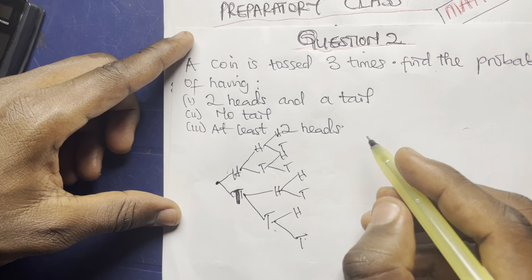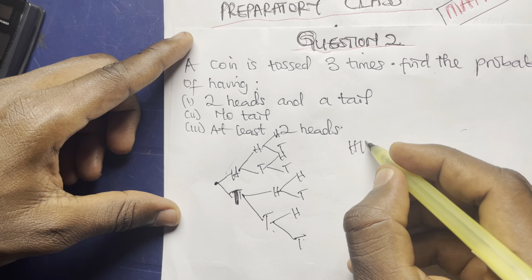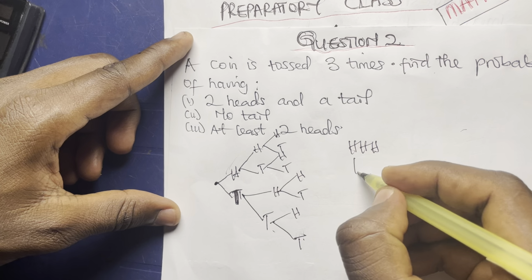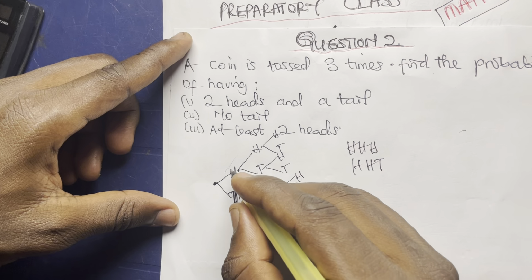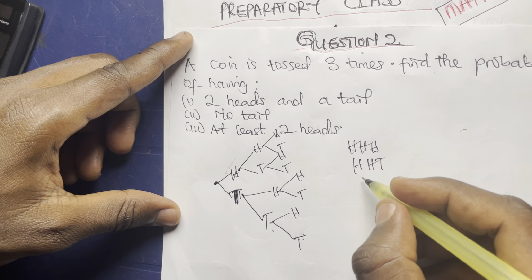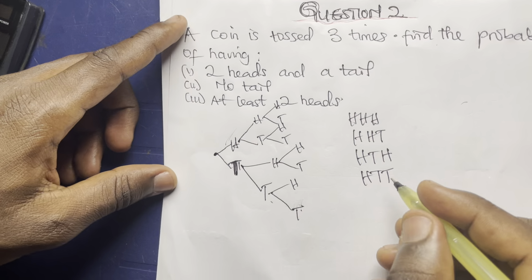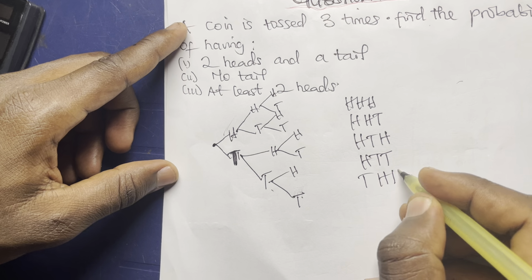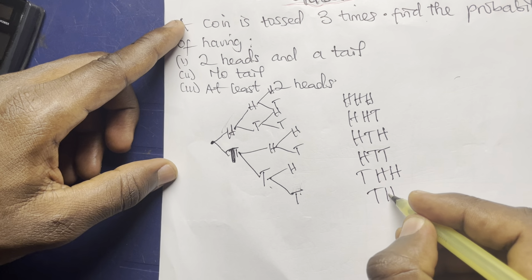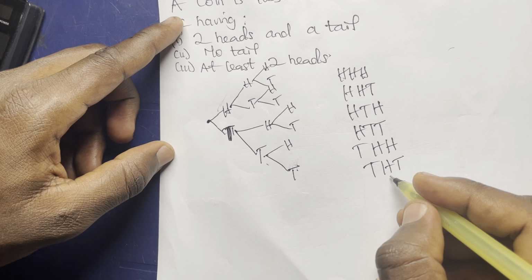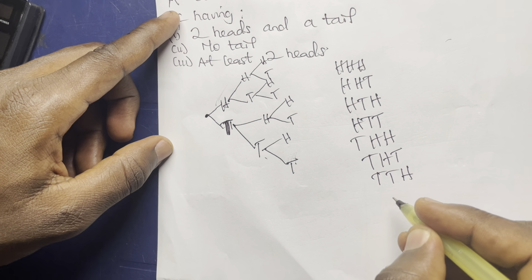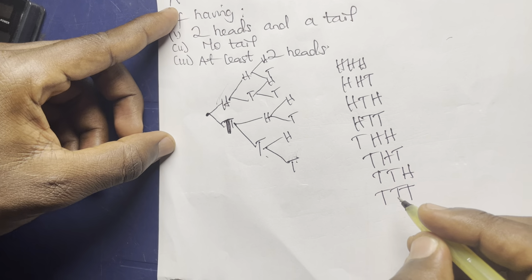So the possible outcomes are: head head head, head head tail, head tail head, head tail tail, tail head head, tail head tail, tail tail head, tail tail tail.